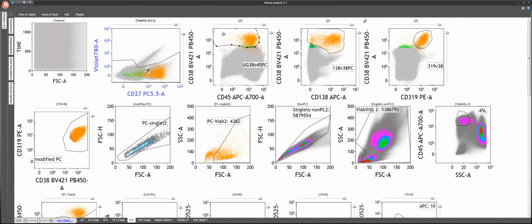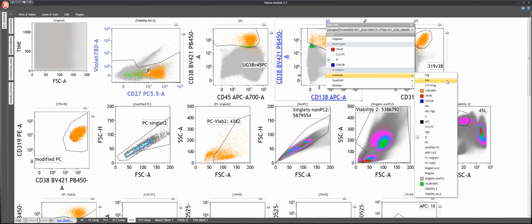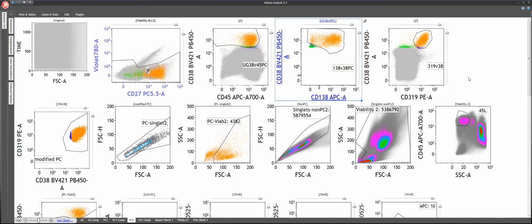Because this is the parent gate which includes all the CD38, CD138 cells, we can make this the primary gate and apply it on the next plot, the CD38 versus PC plot. You can see a few cells here which possibly are not plasma cells.